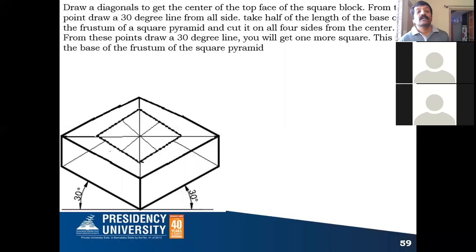After drawing the 30-degree lines on four sides, you take the second square, the 40 millimeter square, that is the side of your frustum of a square pyramid, and take half of that, and convert that into isometric scale.